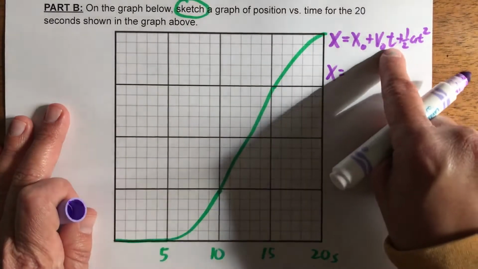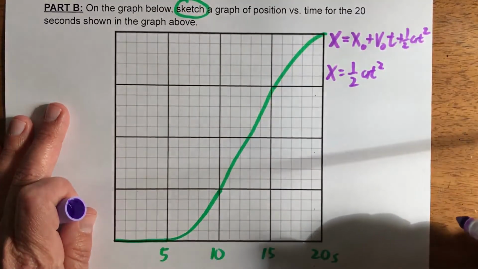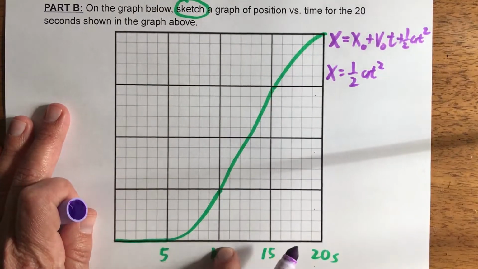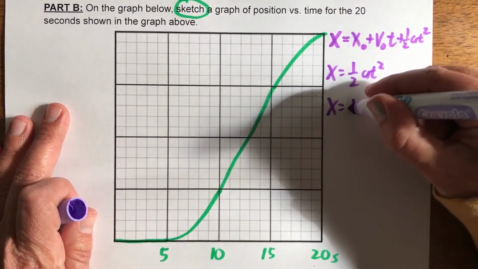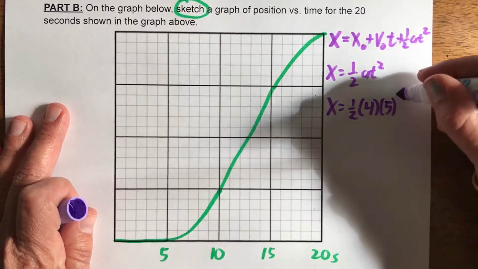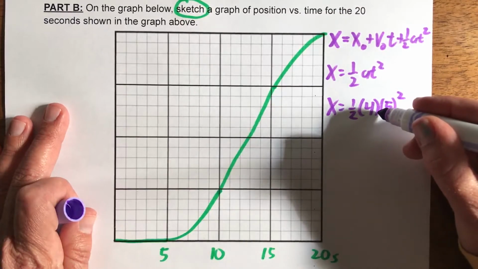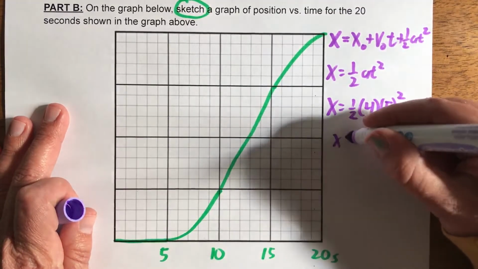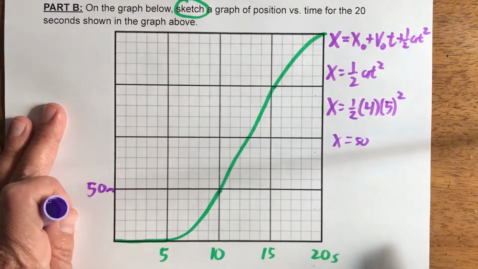Our initial velocity is 0, so that's gone. So it's simply 1/2 at squared to figure out where we are at the end of this accelerating portion of 10 seconds there. So if I plug that in, it's 1/2. Remember, our acceleration is 4, and the time that we accelerate at that is 5 seconds. So 5 squared is 25. 25 times 4 is 100. Half of that is 50. So this would be 50 meters right here.